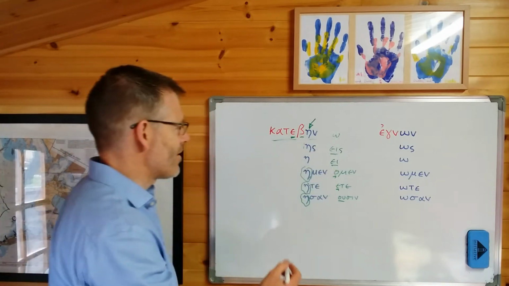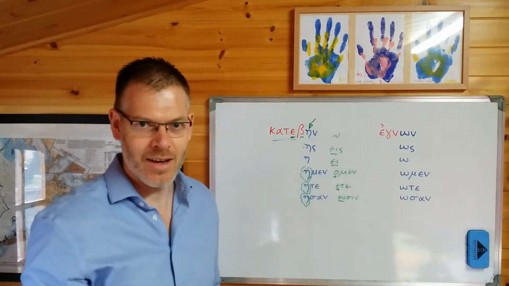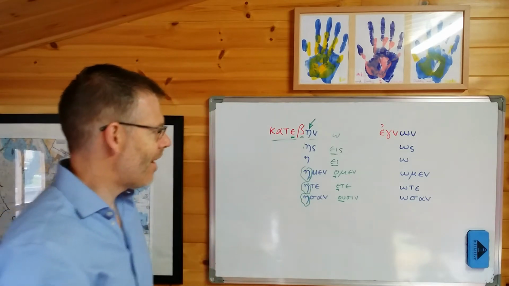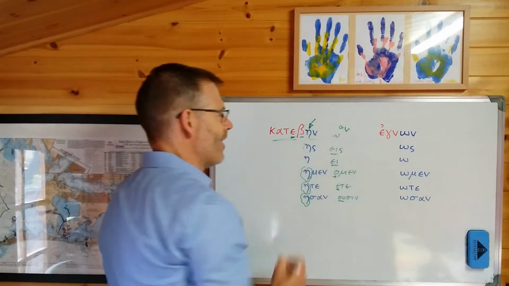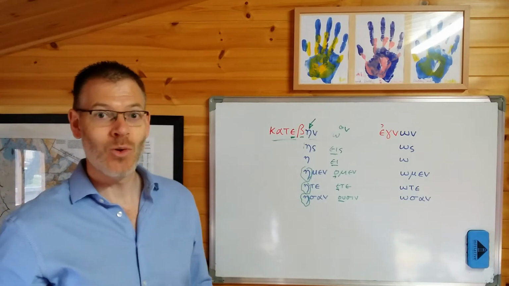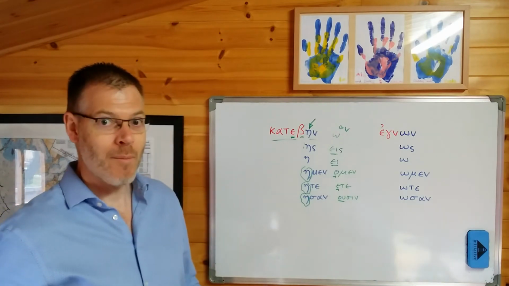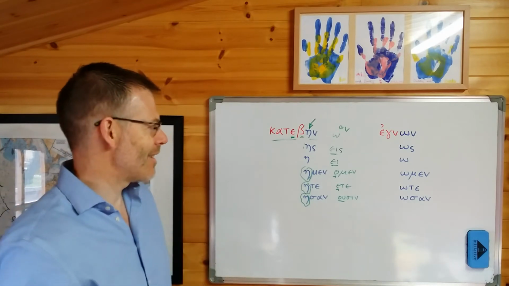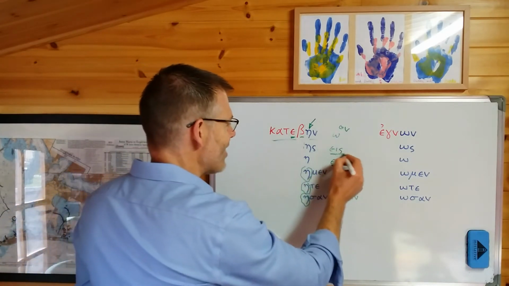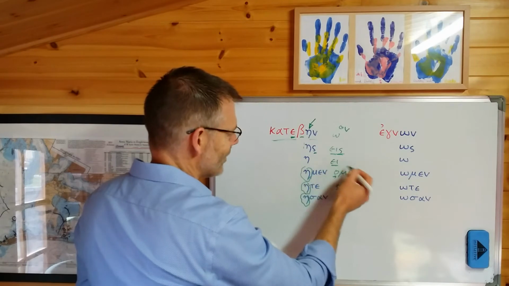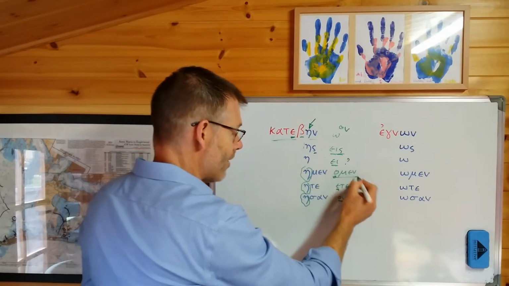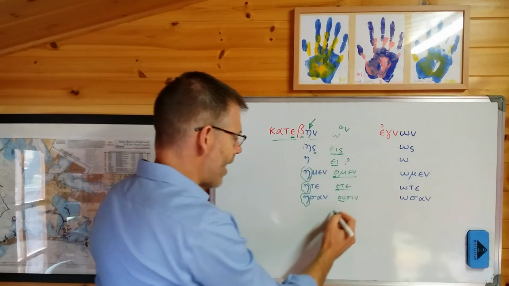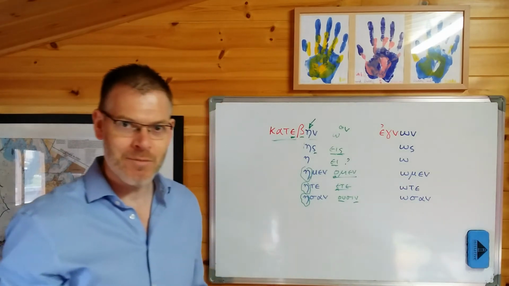Apart from this one, because the n is not like omicron-upsilon, is it? Well, it kind of is a bit like the imperfect ending: eluon, eluues, eluen, eluomen, eluete, eluon. And of course there is some overlap between the imperfect endings and the present endings. There is some similarity.